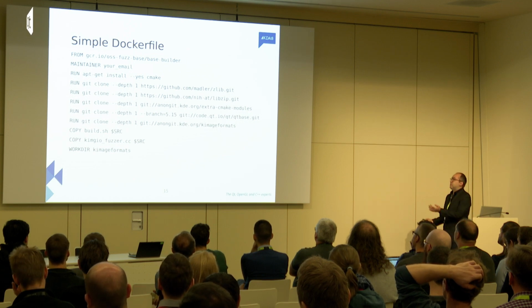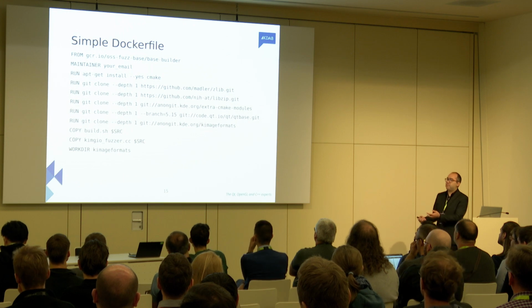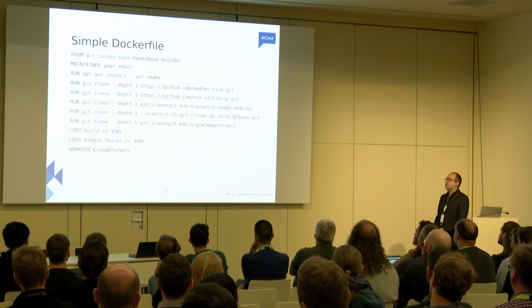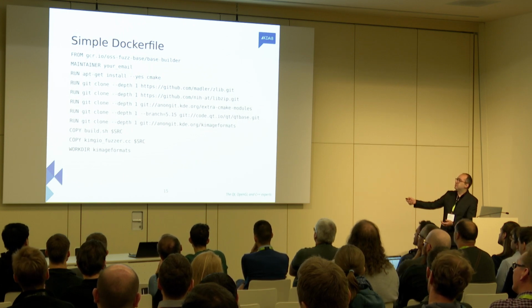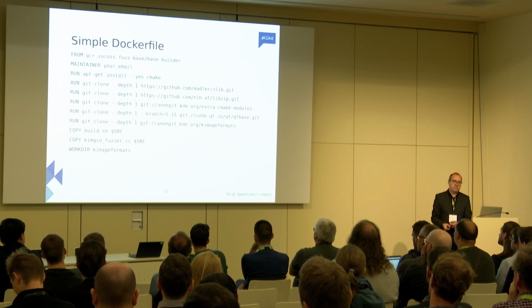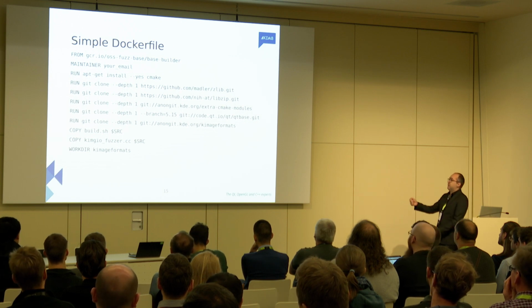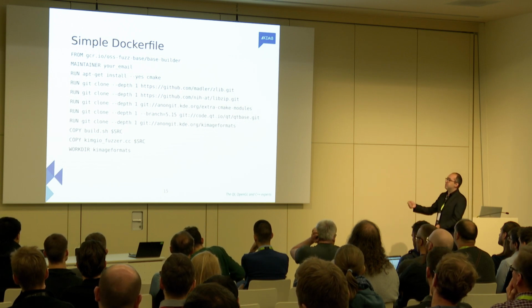Then you need to run it in Docker, right? So you have to write a bit of Docker. I've had no idea of Docker, but it's not very hard. So you basically inherit from the base builder they have, and you tell them your email so they can email you, and then you run a bit of code, right?